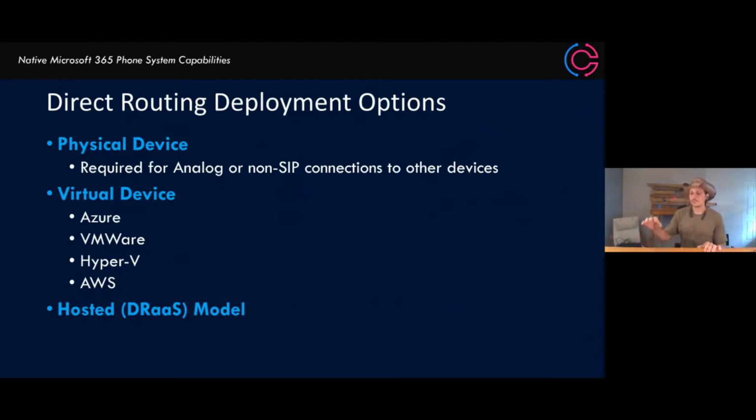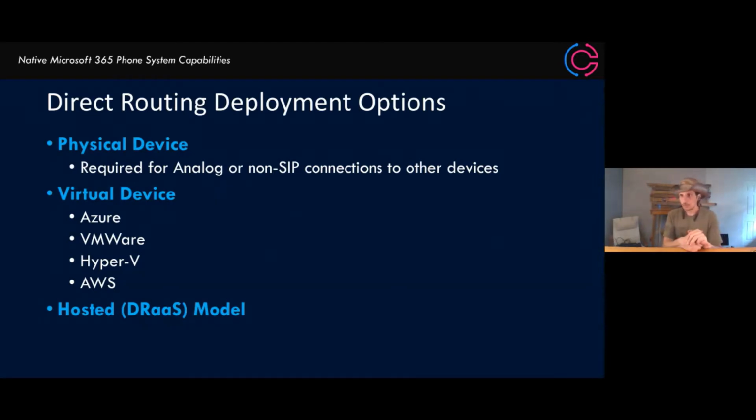But if not, if those physical connections have to connect directly to the SBC, then you're going to want to put a physical device in there. And you may just end up wanting to do that because you have some specific requirements around that or high availability requirements, whatever the case is. There are definite needs for putting physical devices in your own data center or in a colo center, whatever the case is. That's certainly one option.